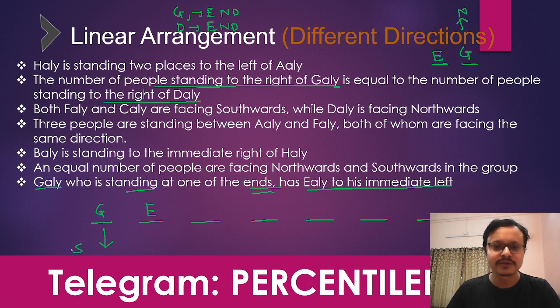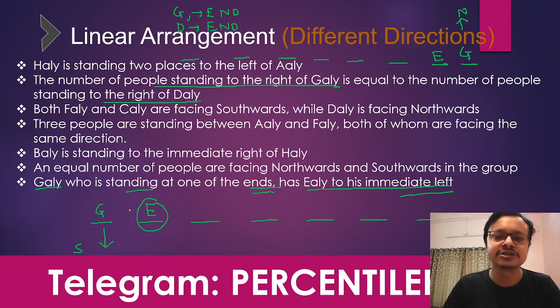So there are two possibilities of arranging this set. What are those two possibilities? Either you put Galley at this end and make Yali his immediate left where Galley is facing northwards, or you make Galley face at this left end and you make him face southwards, in which case the left hand side would involve Yali to his immediate left.